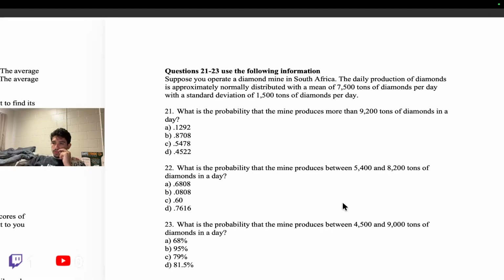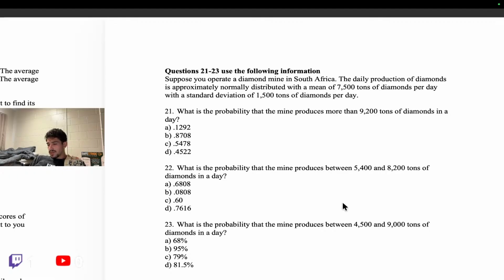Okay, so now what we want to do, set up the equation. We've got to find the z-score. Z is going to be equal to 9,200, which is our x, minus the mean, which is 7,500, over our standard deviation of 1,500.